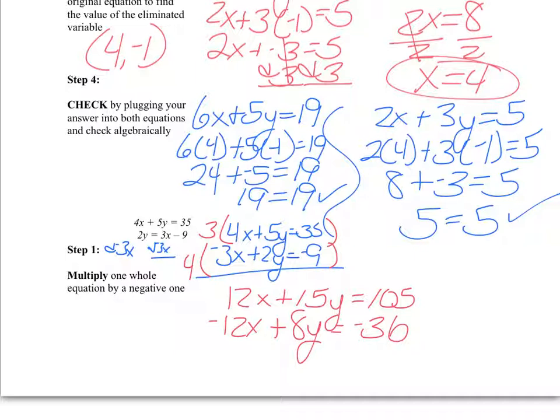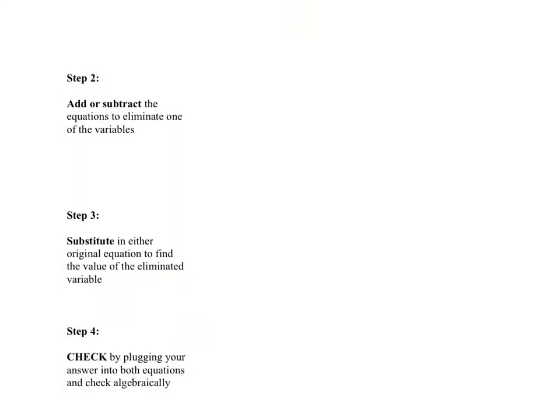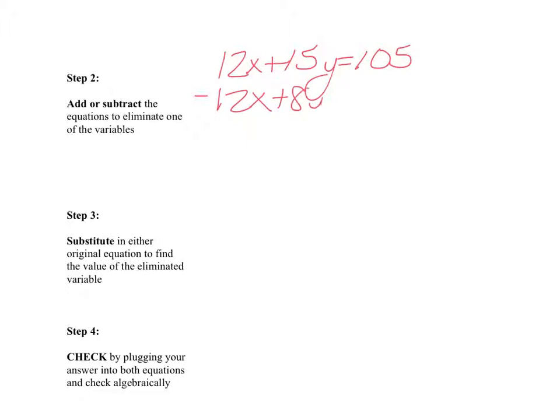So in step 1, I now have both of my new equations. So now we go to step 2. In step 2, I take those two new equations again. So the 12x plus 15y equaling 105, and the negative 12x plus 8y equaling negative 36.